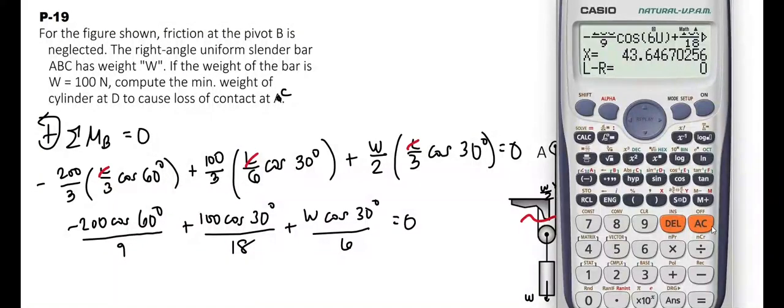Now we can solve for W. So we have negative 200 cosine of 60 degrees over 9 plus 100 cosine of 30 degrees divided by 18 plus W cosine of 30 degrees over 6 all equal to 0. Solving, we get W equal to 43.65 newtons.